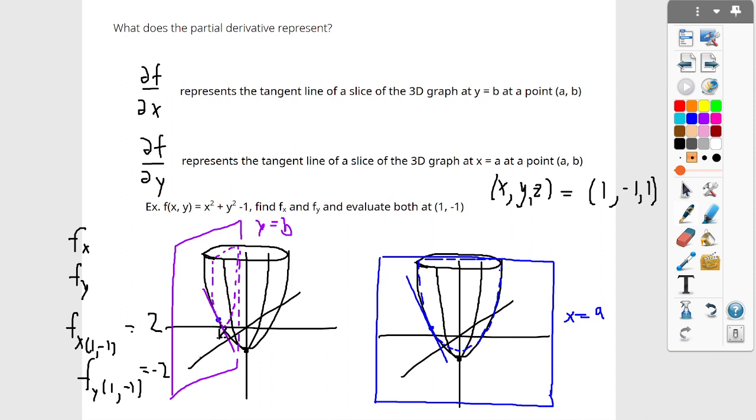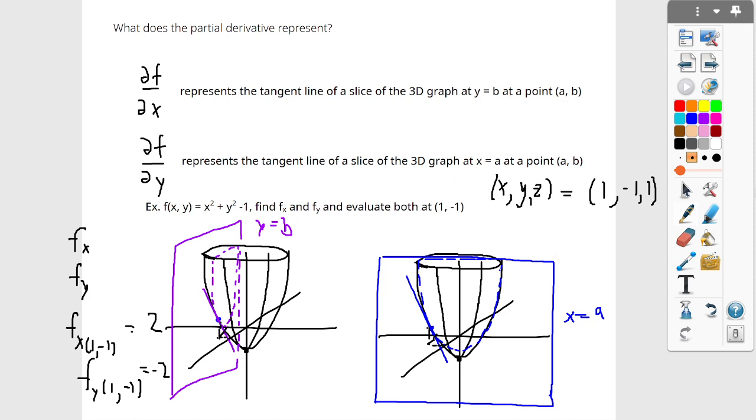There you go. That's your point. So we just have the plane y equals b, and then the plane x equals a right here. Or in this case, y equals negative 1 and x equals 1, right?